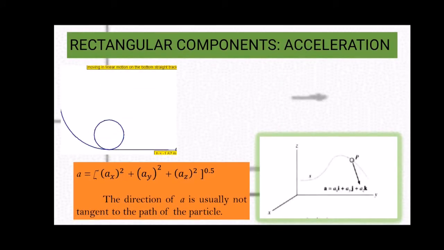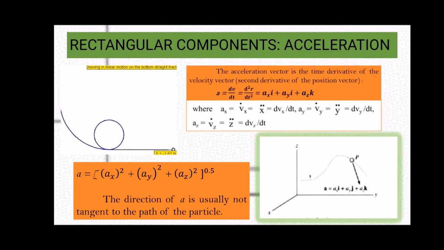Next are the rectangular components of acceleration. The acceleration vector is the time derivative of the velocity vector, or the second derivative of the position vector, so a is equal to dv/dt, which is equal to the second derivative of r over the second derivative of t.